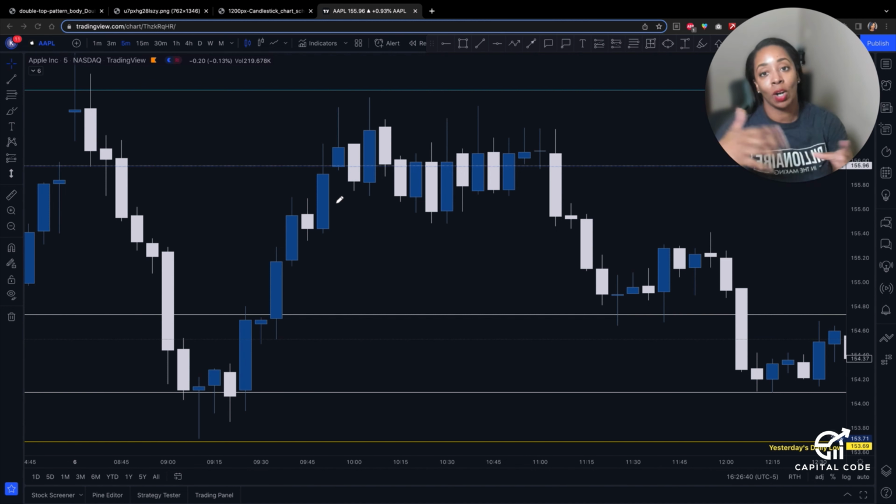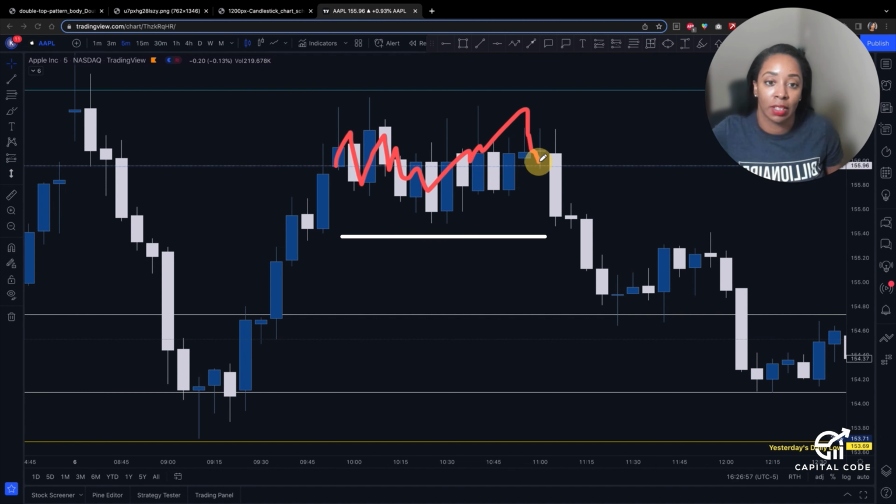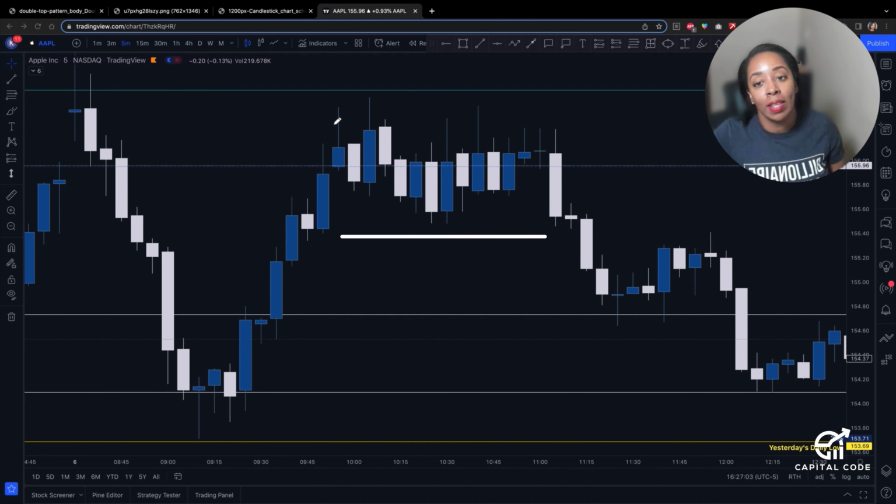Your graphs are obviously going to be a lot bigger than a single candle. So when it comes to this particular section, you can see that there are a lot of candles just bouncing around here, not really doing much, and this is known as consolidation. One thing we can look for in consolidation is that sometimes it moves in a particular way.